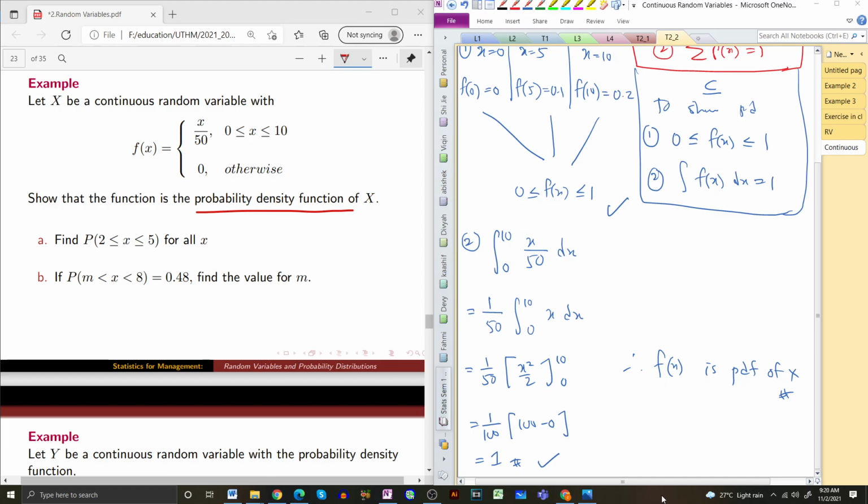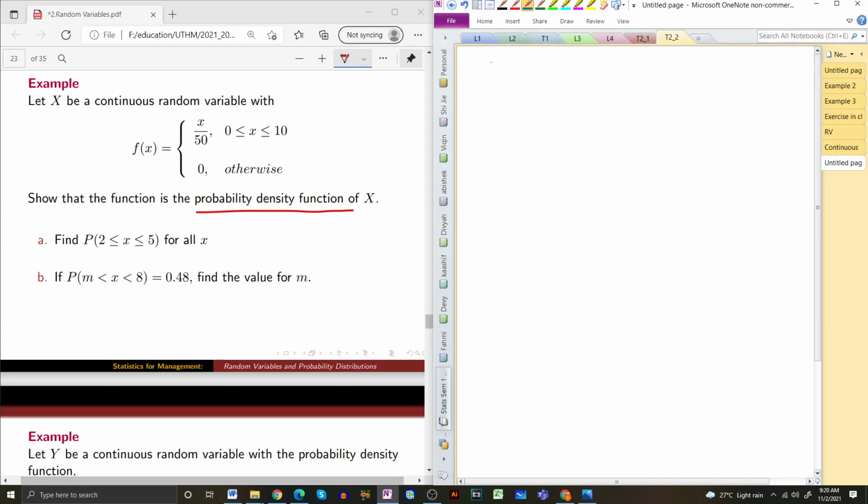Let us do question A now. How to answer question A. Normally in discrete, if this kind of question is given, what you will do basically is you will find x equal to 2, 3, 4, and then 5, and add them up, isn't it? But in continuous, we will use the application of integration.